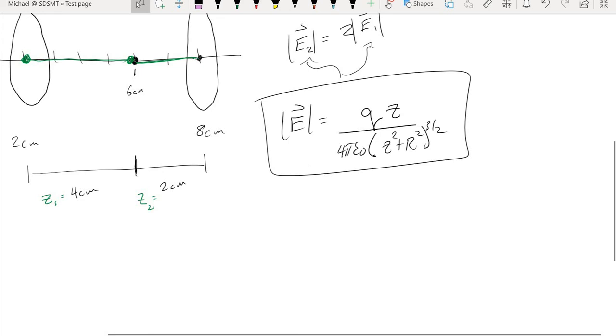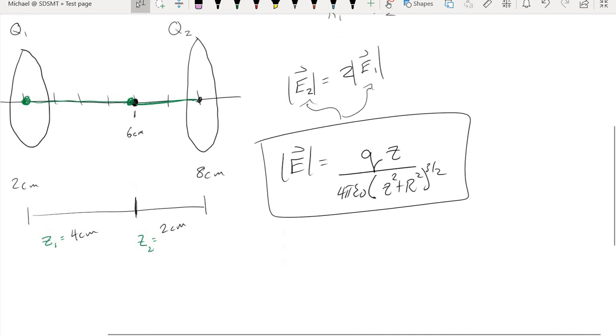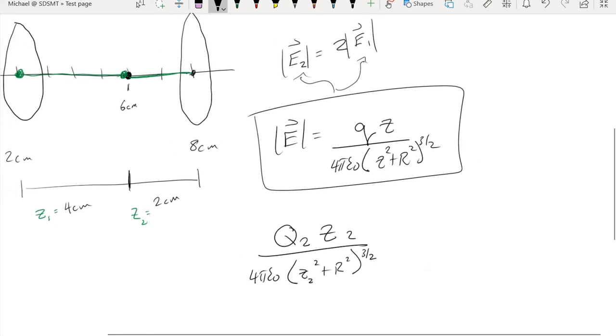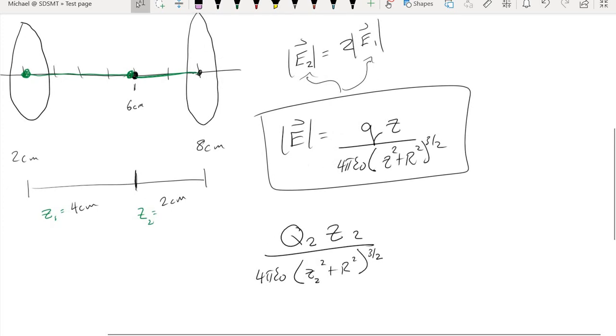E2 is going to be based off of the charge, which is Q2, times Z2, over 4 pi epsilon naught, Z2 squared plus R squared to the 3/2. So there's E2.